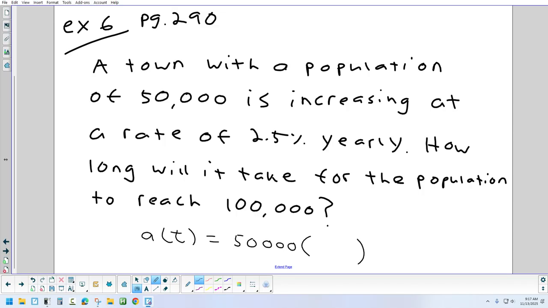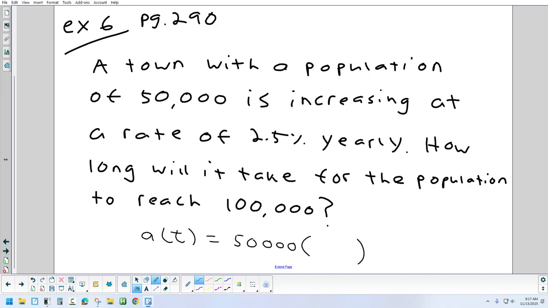What's inside those parentheses in general? Like the percent increase. So what did we put inside there? Just don't plug in anything from this problem yet. 1 plus r. Yep. So 1 plus r is what should be inside those parentheses.